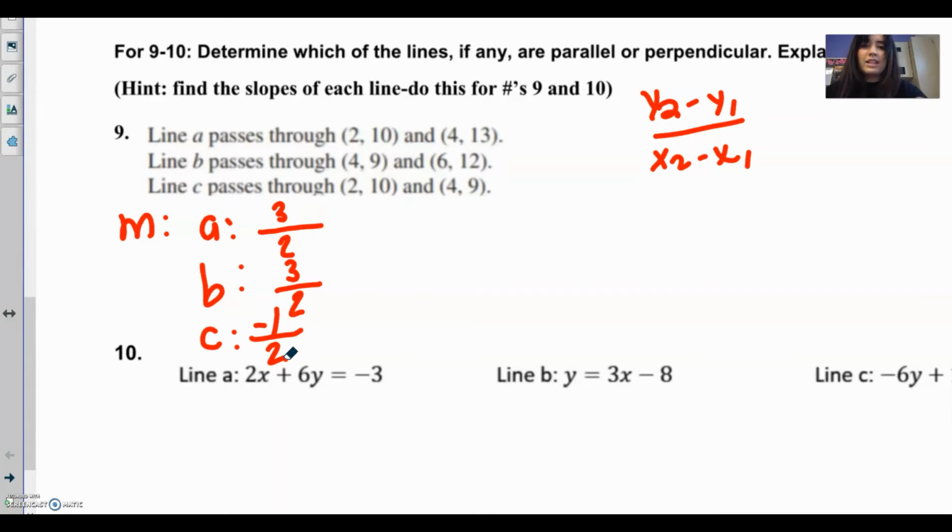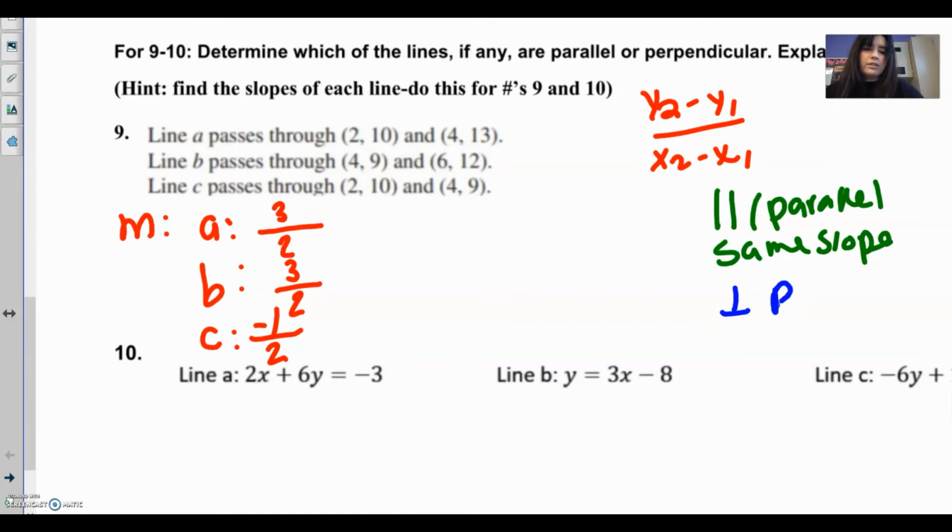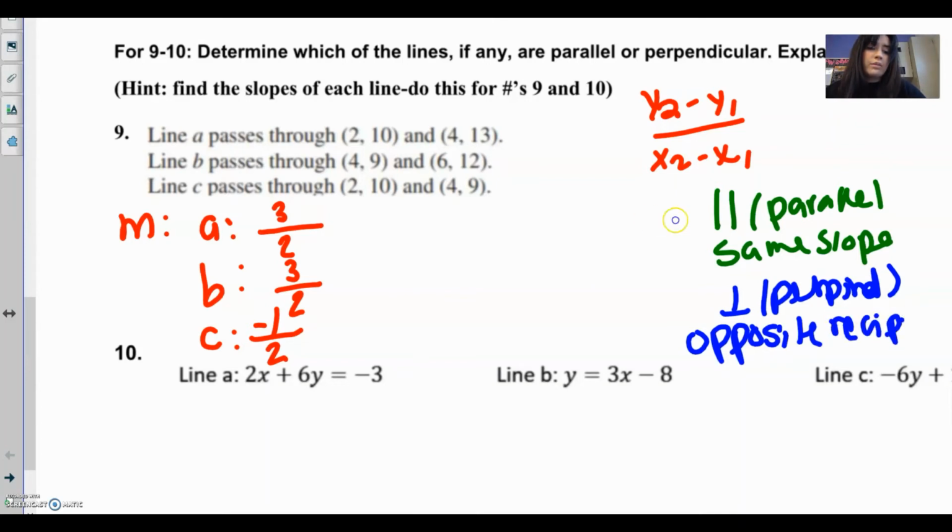Okay, like I said above, parallel lines, I'm going to put parallel, have the same slope. Perpendicular lines have opposite reciprocals, which means it's going to be the opposite sign, and the fraction is going to be flipped.